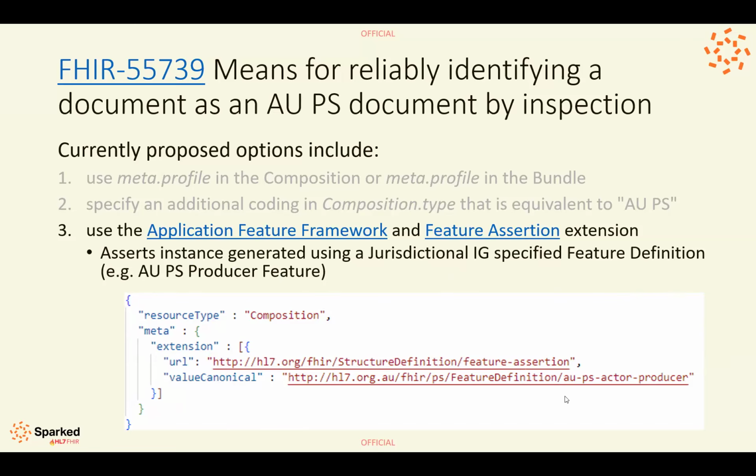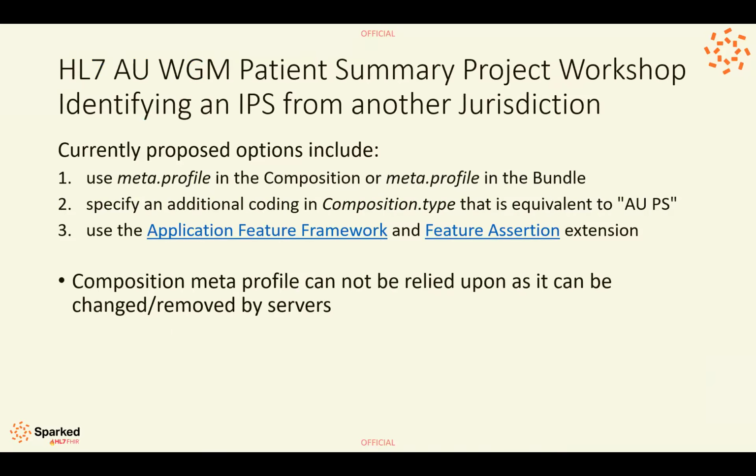So it refers back to a feature definition defined in that IG, and we're actually using that feature definition as the assertion that it was generated under that particular feature, and there's alignment with the actor obligations associated with that particular feature. Bit of a whirlwind description there.